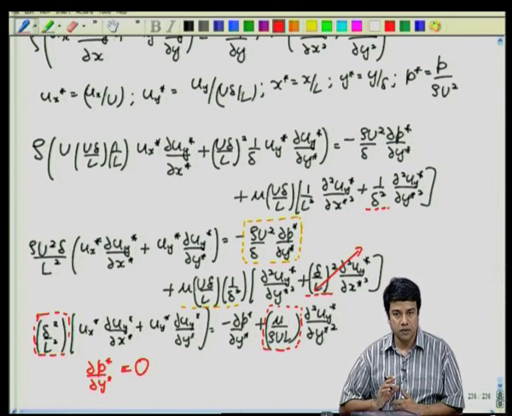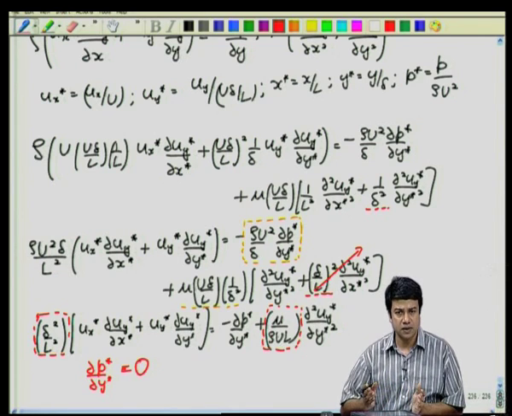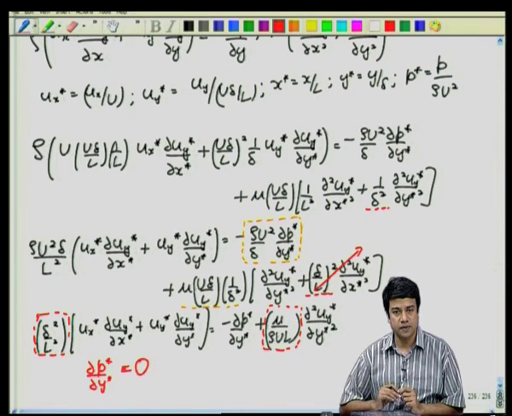However, if these are the dominant terms in the scaled equations, they will also be the dominant terms in the original unscaled equations, because I get the scaled equations by dividing all terms by the same factor. Therefore, if the scaled equations contain these as the dominant terms, then the unscaled equations will also contain these as the dominant terms. So, these are the boundary layer equations for the flow past any surface.